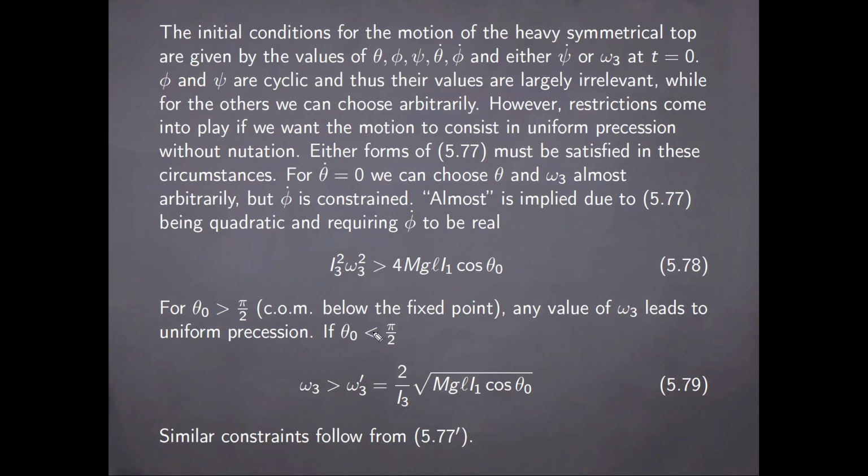However, if theta 0 is smaller than pi over 2, then omega 3 must be larger than a critical value, which is given by the expression here. And similar constraints can follow from the alternative form 557 prime.